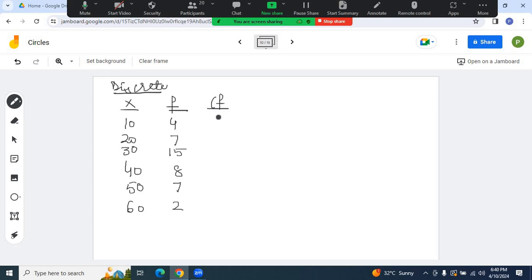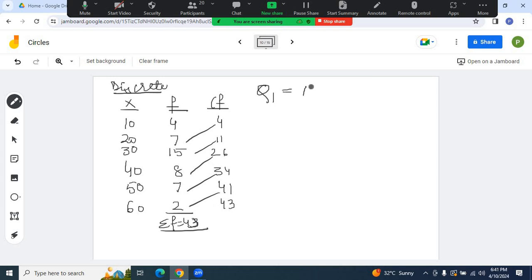So 4 remains 4, 4 plus 7 is 11, 11 plus 15 is 26, 26 plus 8 is 34, 34 plus 7 is 41 and 41 plus 2 is 43. And if you add up the total, it is also 43. Right? So Q1 will be (n plus 1) by 4th item.